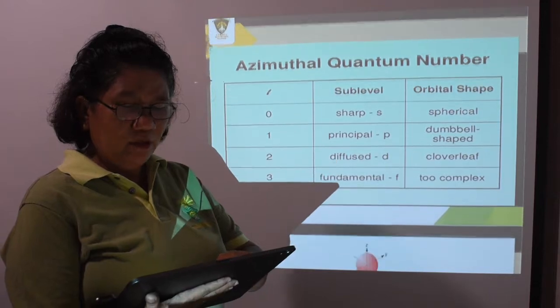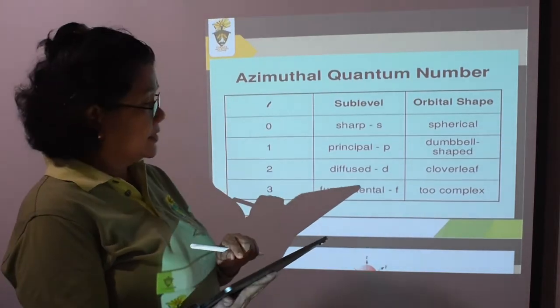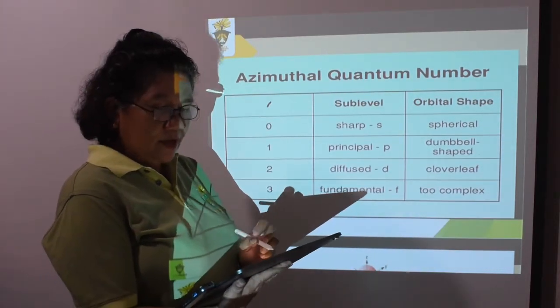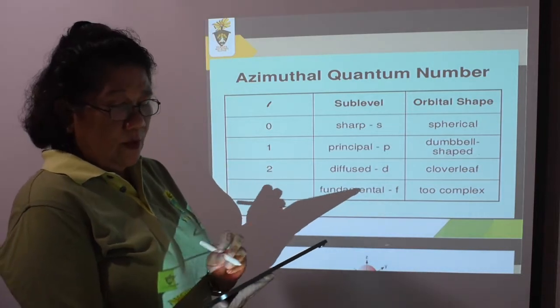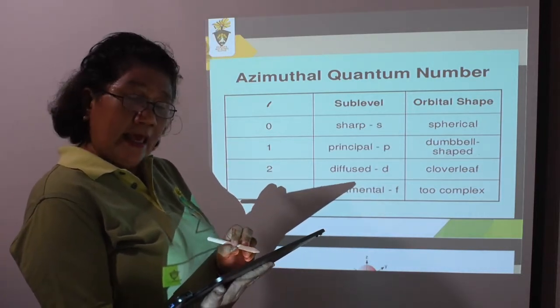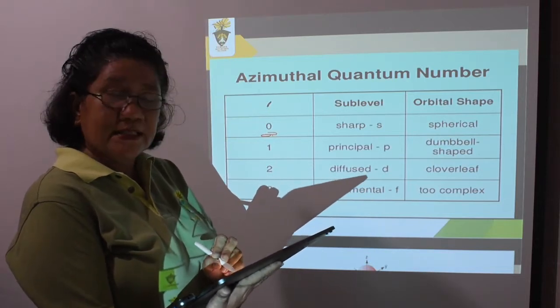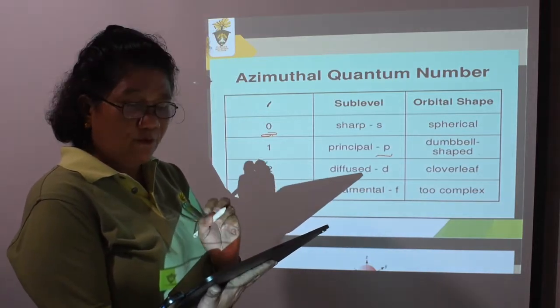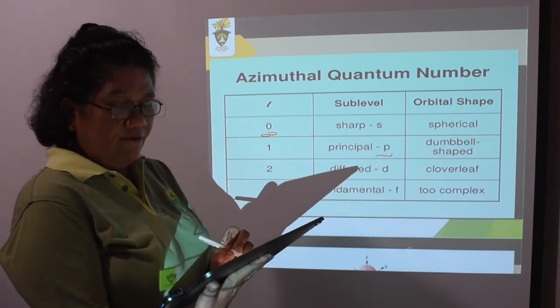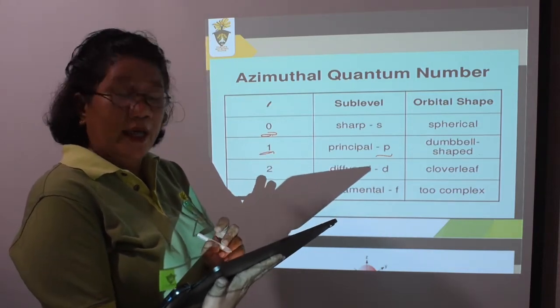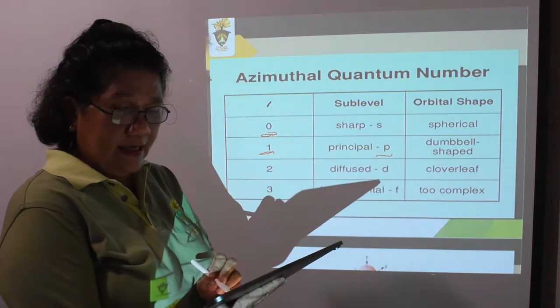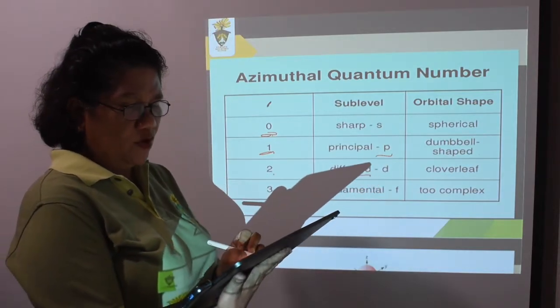So, for the azimuthal, these are the values as I have said. When S, the value of L is 0. When it is P, P stands for principal, S stands for sharp. It has a value of 1. When it is D, that is diffuse, it has a value of 2.